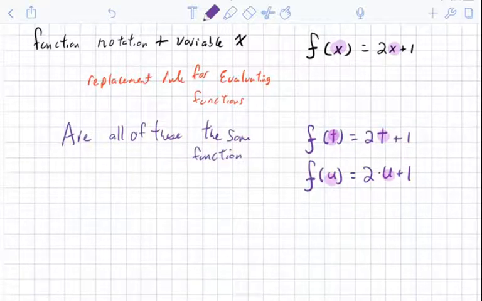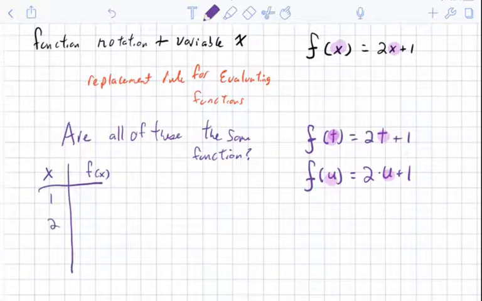Well, let's express this function in a slightly different way. Let's express it in terms of inputs and outputs with an arrow diagram, or even a table. Hey, why not? x equals 1, 2, 3. Our original expression, the output is 3, 5, and then 7.